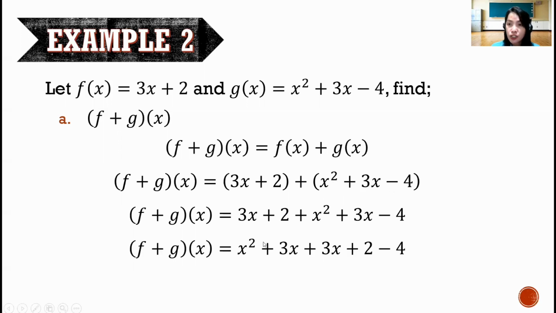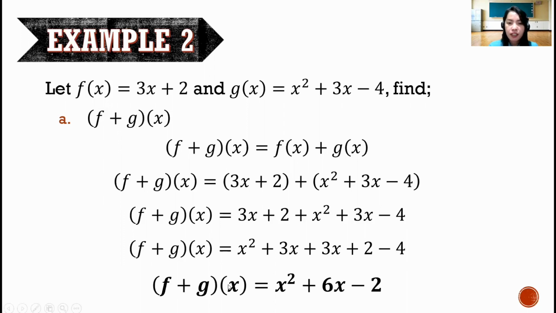Next is to rearrange the terms, yung may pinaka-highest exponent ng variable ay nasa unahan, and then in descending order. X squared plus 3x, and then 2 here, plus 2, and then minus 4. Combine like terms.